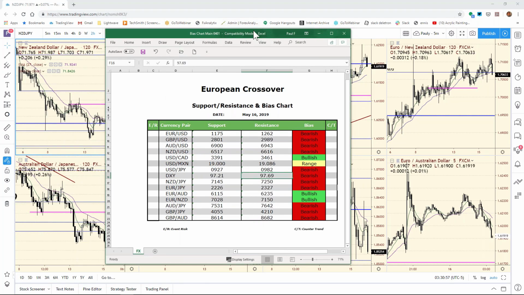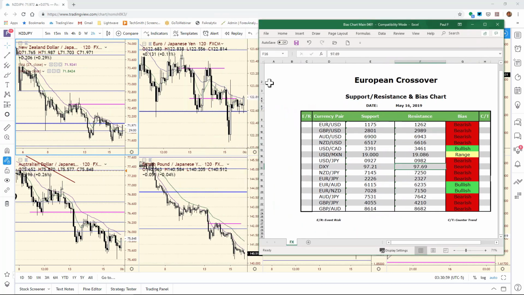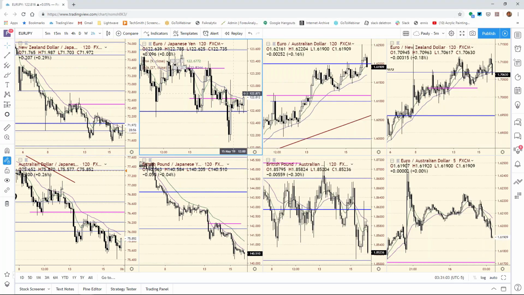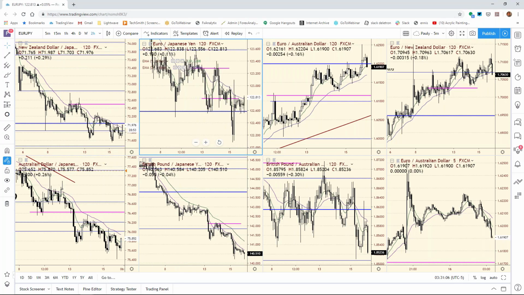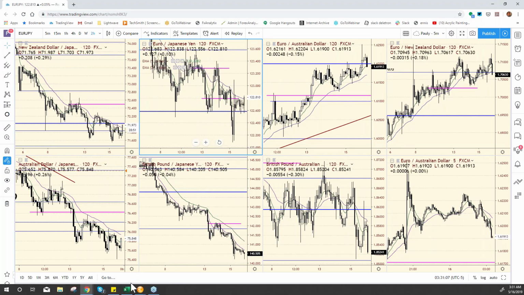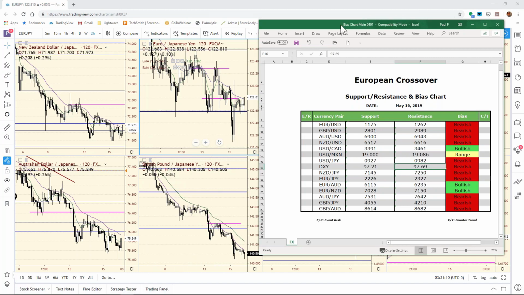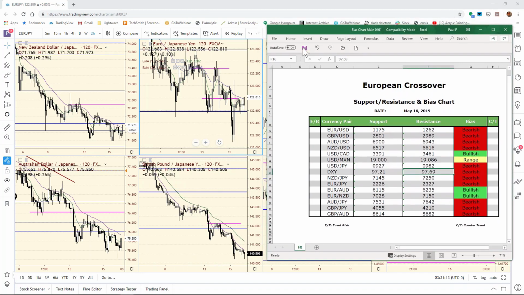Let's go and move into the Euro Yen. Certainly we saw a pretty good little dip down here, and the Euro just took out 22. We had here for our support 22.26. Got down as low as 22.09.